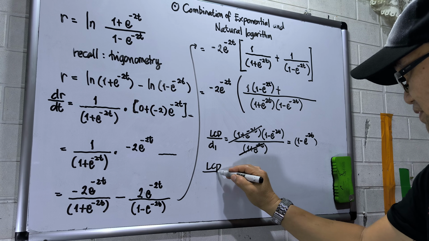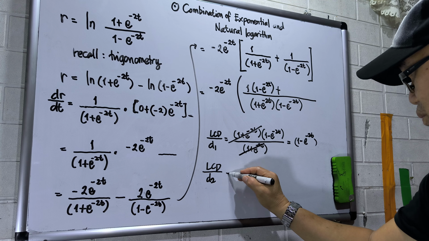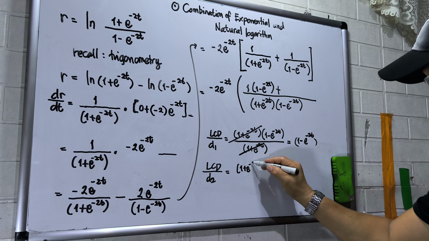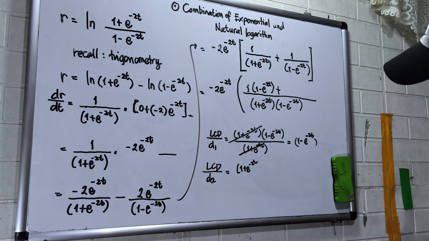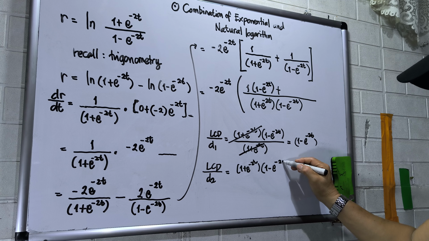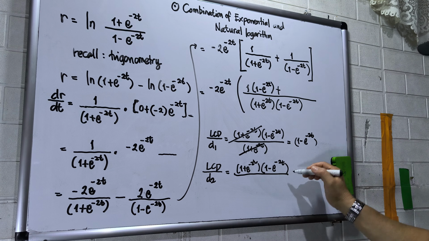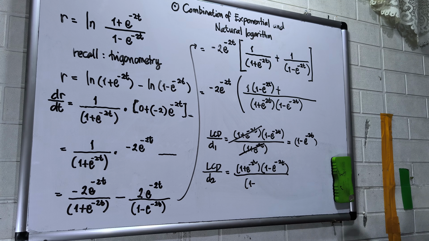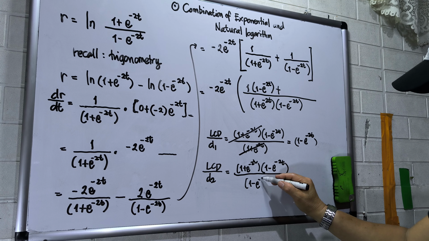LCD divided by denominator 2. So the LCD is 1 plus e to the negative 2t, then times circle brackets 1 minus e raised to negative 2t, divided by the second denominator, circle brackets 1 minus e raised to the negative 2t.